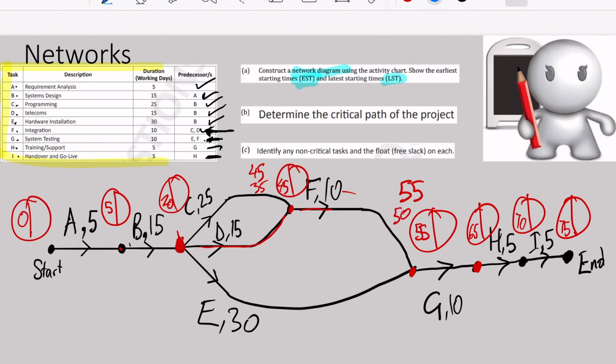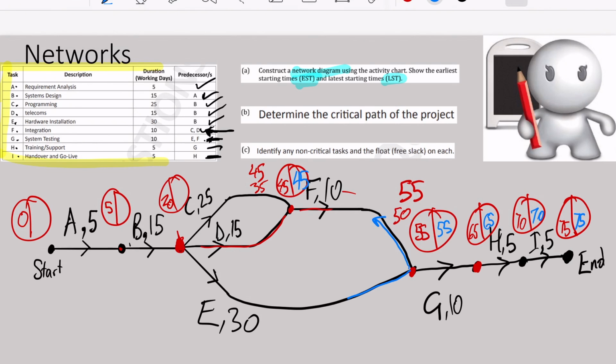Now let's do a backward scan. 75, take away 5 is 70, take away 5 is 65, and take away 10 is 55. So nothing too hard at this stage. And now 55, if I'm heading back this way, I'm going to take away 10, and that will lead me down to 45.